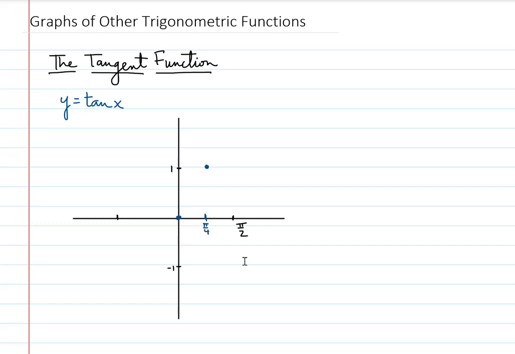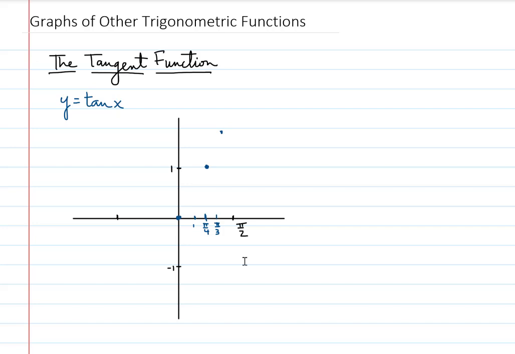What about those angles right beside, to the left and to the right, of pi fourths? So for instance, tangent of pi thirds. That's square root of 3 over 2 divided by 1/2. That's going to give you a square root of 3, which is about 1.73. So roughly, I'm not making this exact, but you get the idea here.